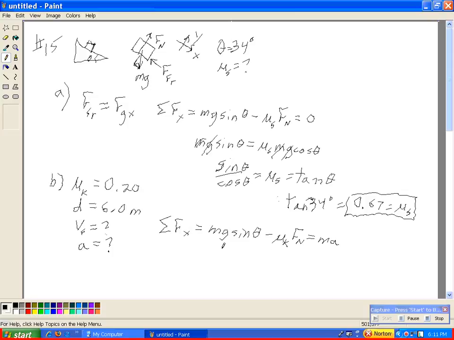Okay. We don't know the mass. We are trying to solve for, in this case, the acceleration.